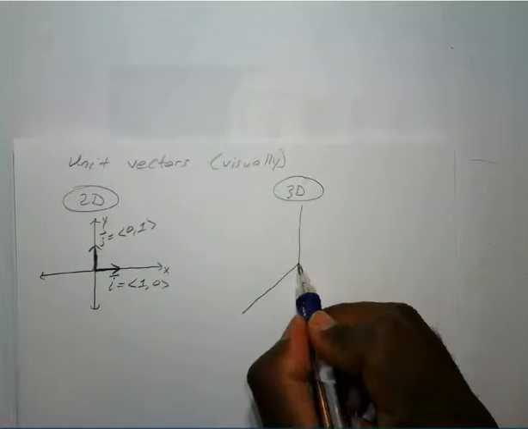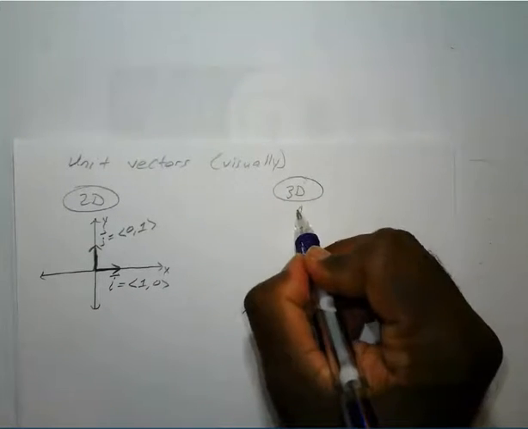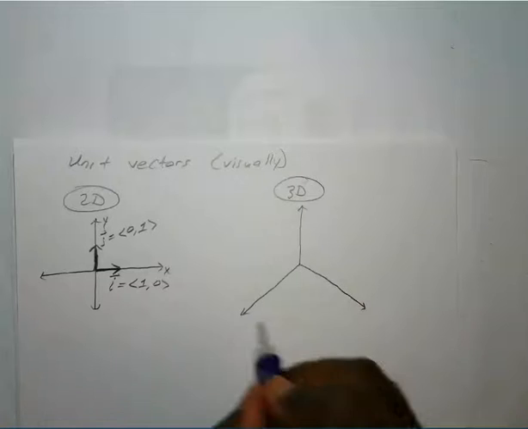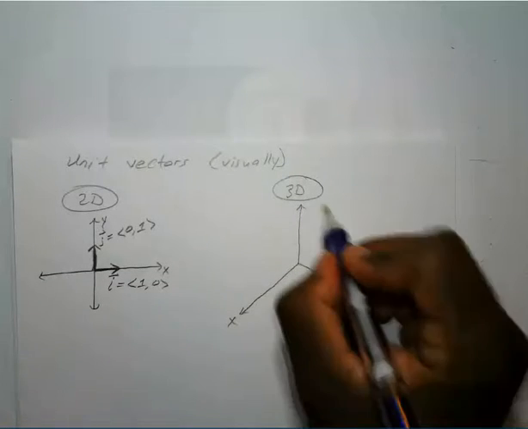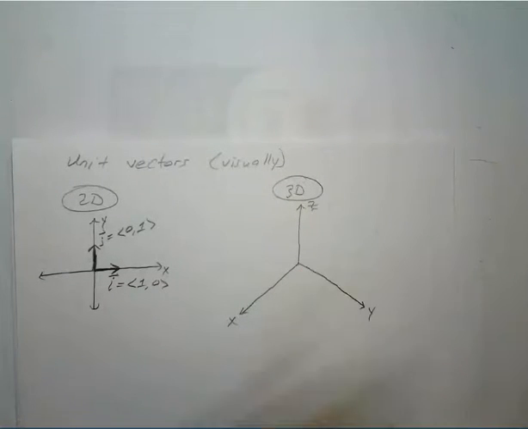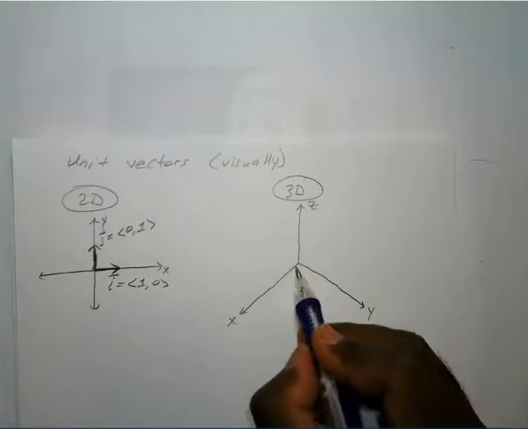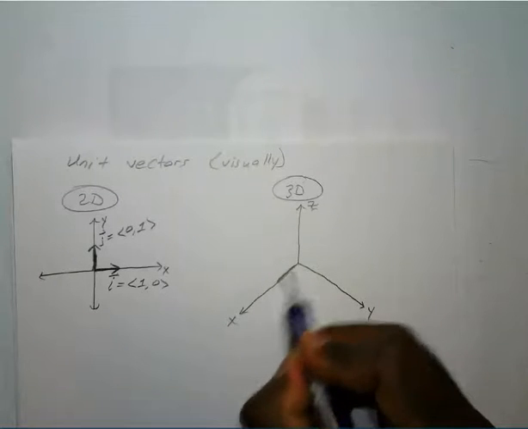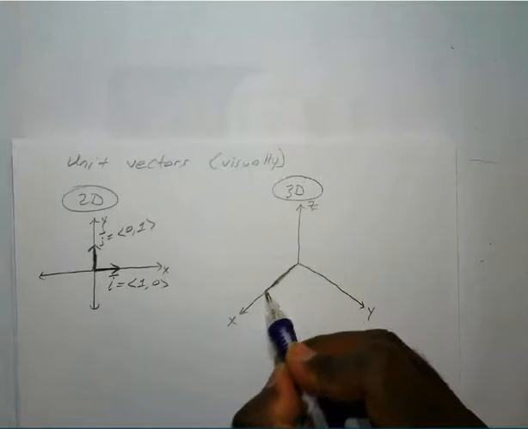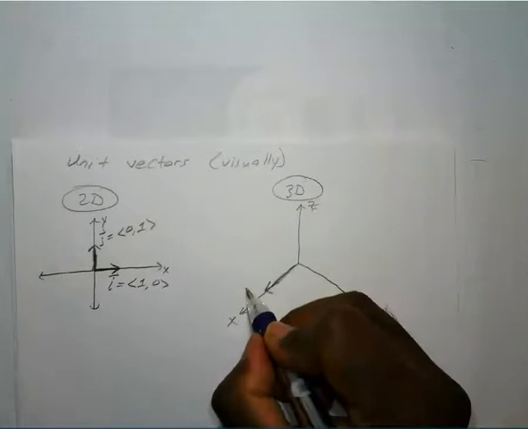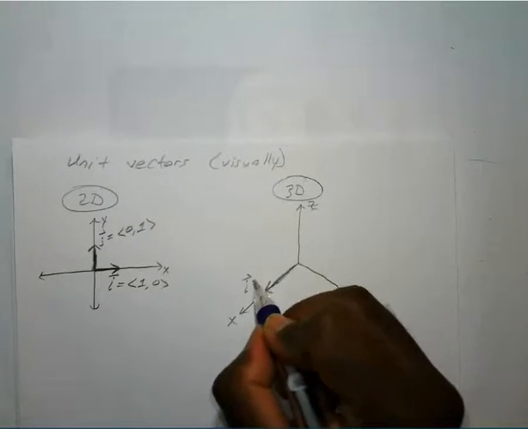we have, remember, our X, Y, and Z. The same here for our I vector, or I unit vector.